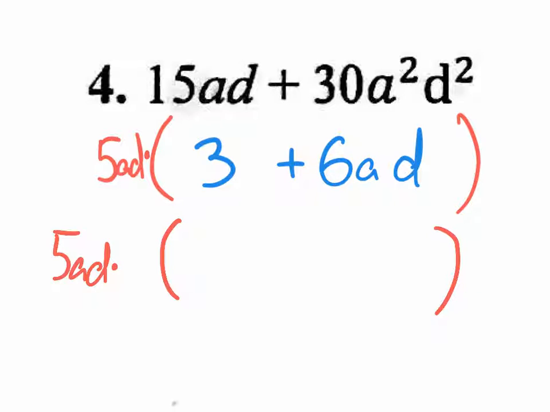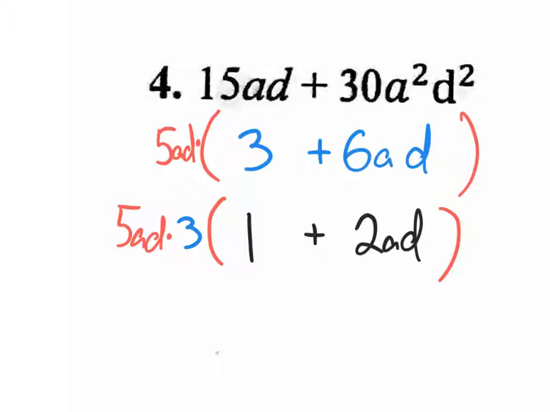And then I'm going to pull out the 3's from here. And what would be left right here? In other words, 3 times what would give me the 3? 3 times 1. Okay. So let me put a 1 right here. And then 3 times what will give me a plus 6AD? Plus 2AD. Correct?